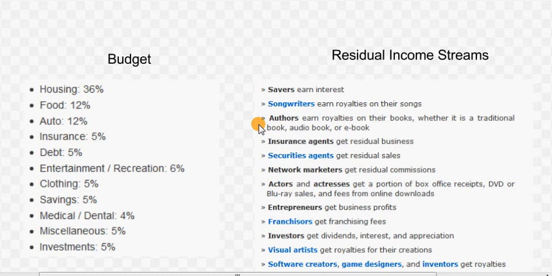And that could pay for something like your clothing expenses or some miscellaneous expenses that you have. Now, let's say that you're an insurance agent, or you want to become an insurance agent. You're basically selling policies, and you earn a residual income when those policies renew on an ongoing basis for years to come.